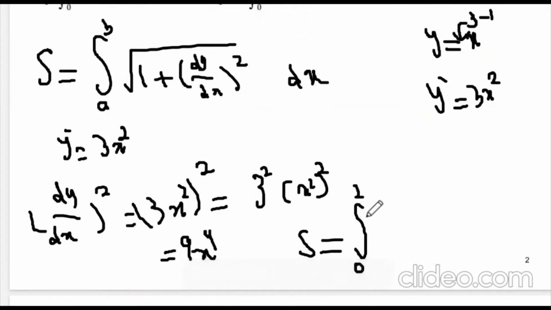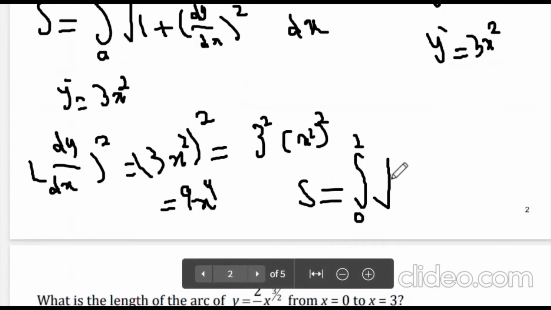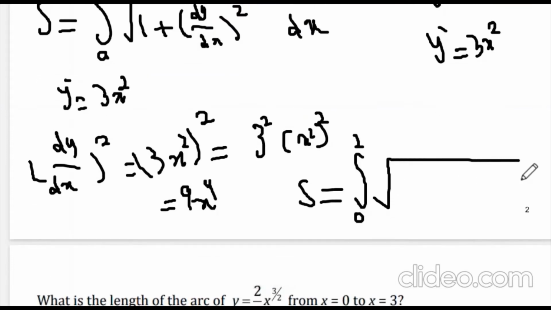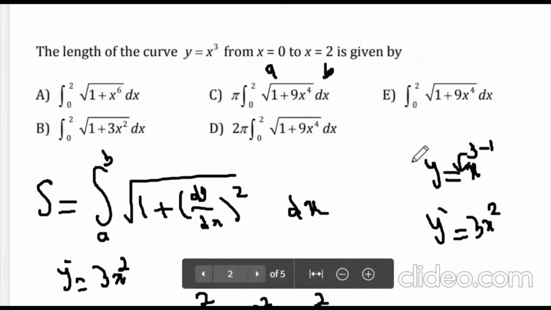Then square root of 1 plus, as we found the derivative here, 9x to the power of 4, as you can see. So 9x to the power of 4 dx. So the definite integral between 0 and 2 of the square root of 1 plus 9x to the power of 4. So the answer will be E.